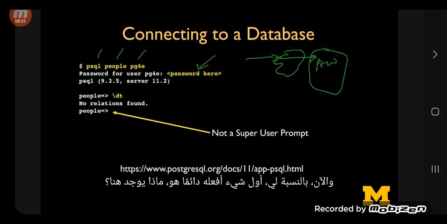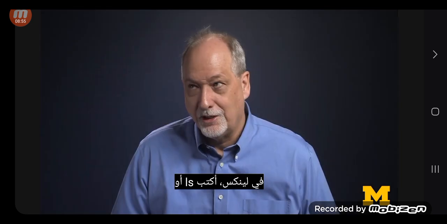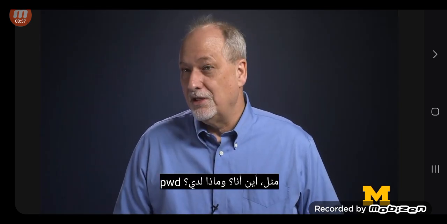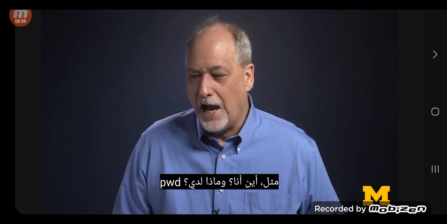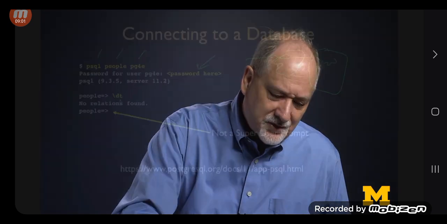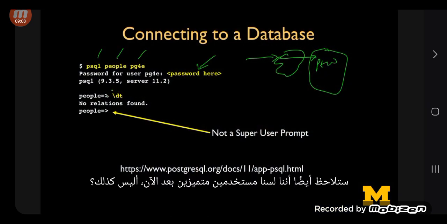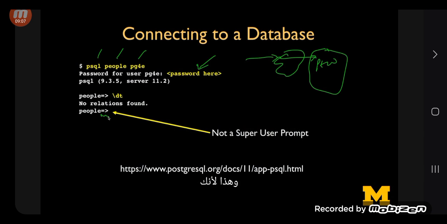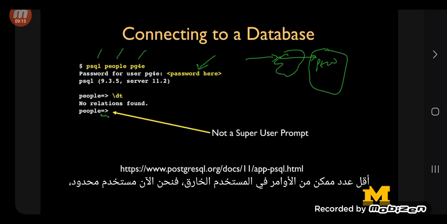And now, for me, the first thing I always do is like, what's here? In Linux, I type ls or pwd, like, where am I at? And what do I got? And so the command in Postgres, you'll also notice we're not super user anymore, right? And that's because you want to be careful when you're the super user. In a sense, you want to type as few commands as you can in the super user.